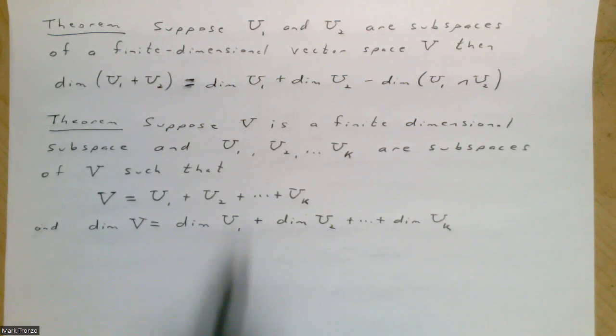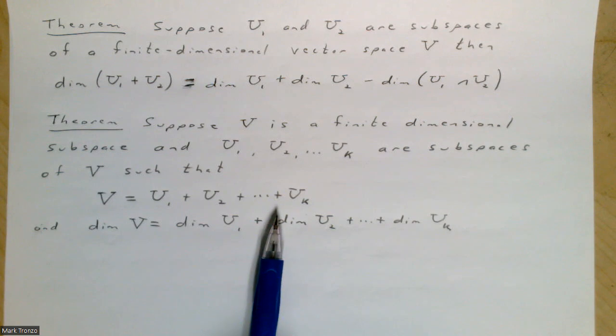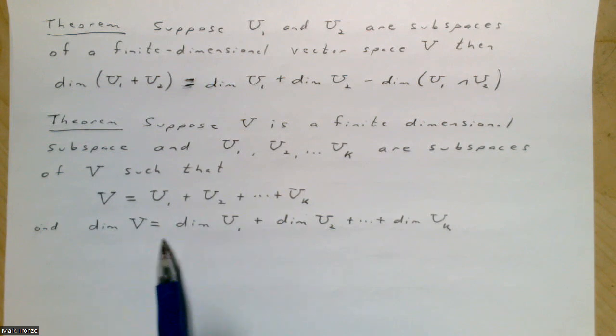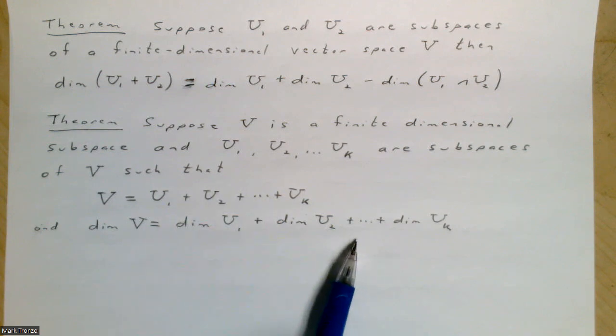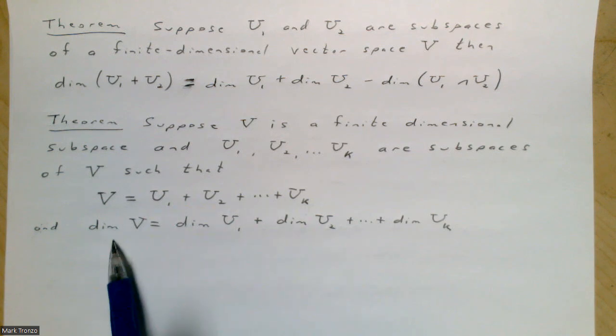So you get the whole vector space by adding these spaces together, and the dimensions of the individual ones add up to the dimension of V.